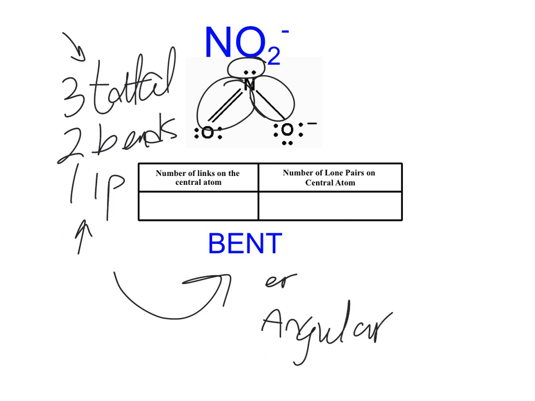Either one will work. If I want to use the other table, 2 areas of links, right? 2 of my areas have bonds in them. Remember, even though there's a double bond in that 1 area, it still only counts as 1 area, with 1 area of lone pair. So that still spits out the bent or angular response.